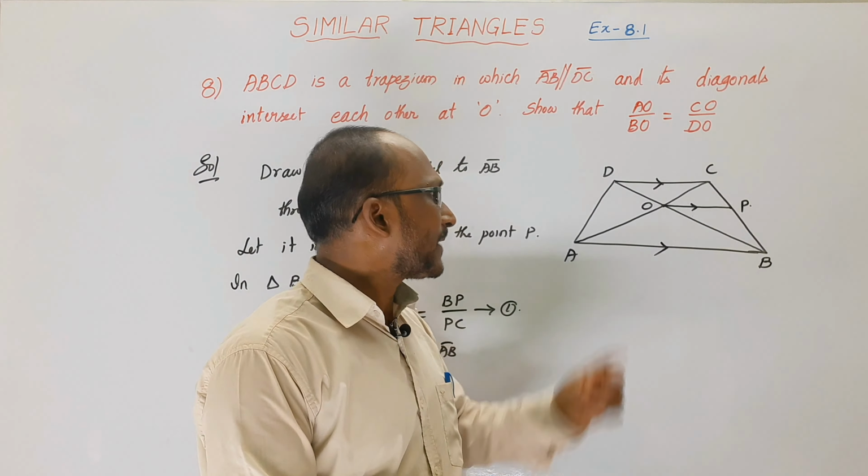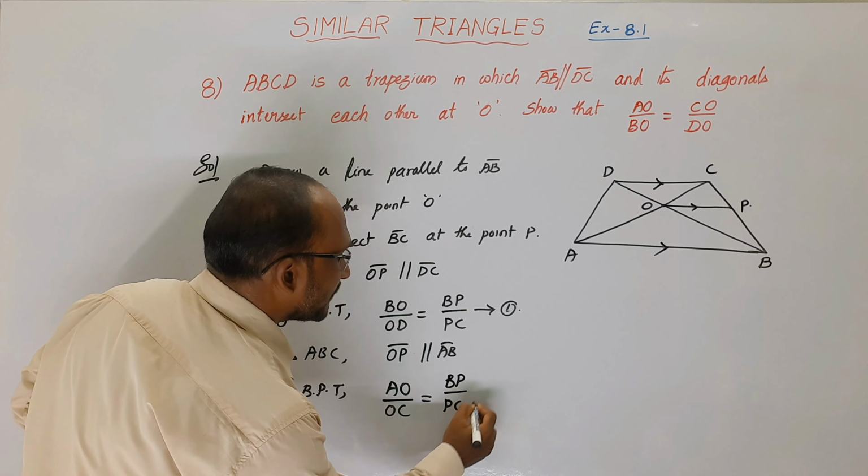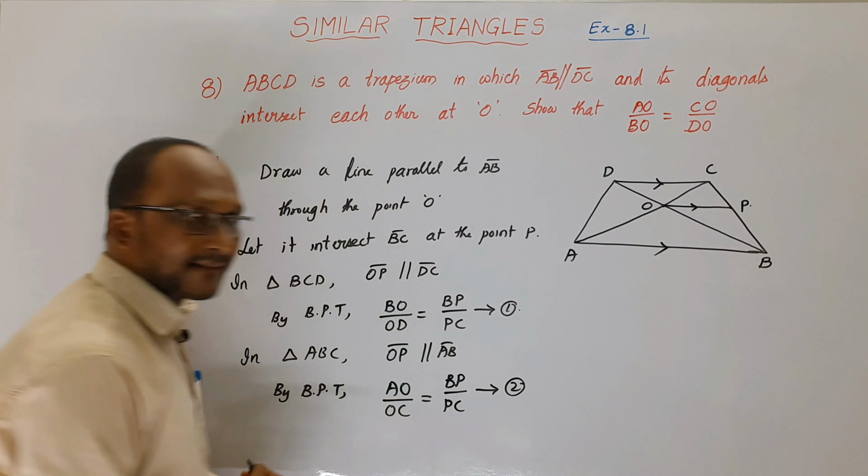That's why AO by OC is equal to BP by PC. Let it be second result.